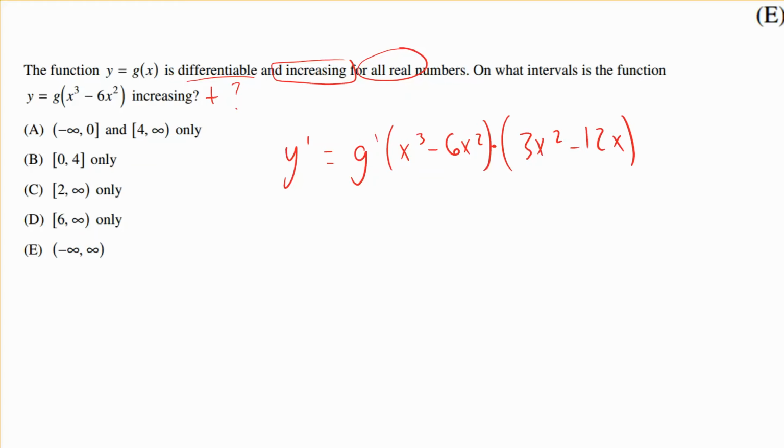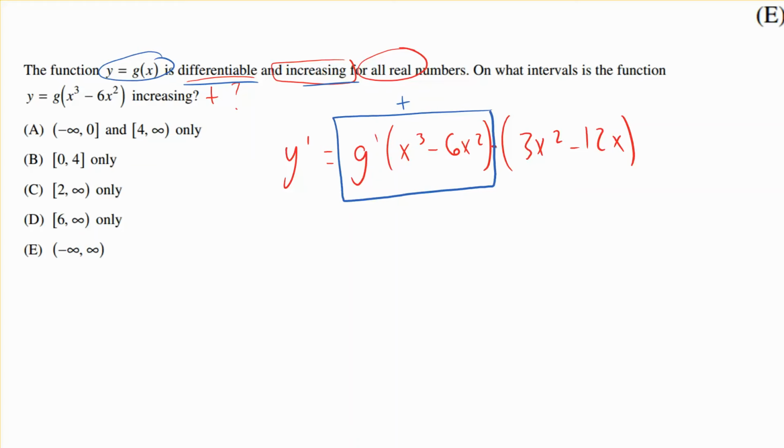Now, we were told in the directions that this is differentiable and increasing for all real numbers, meaning g prime is differentiable and positive, because that's the derivative. So we're really only concerned with this one right here.